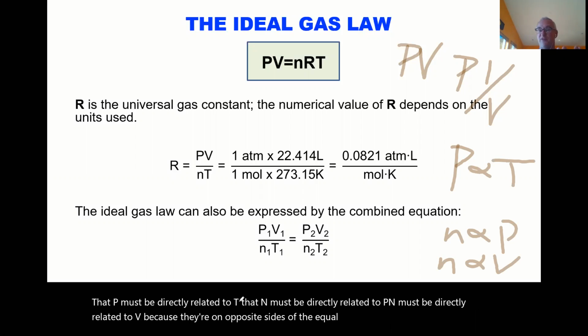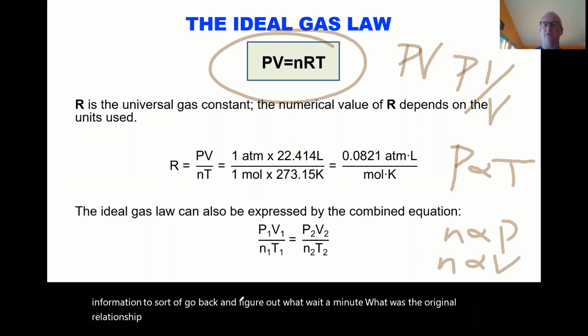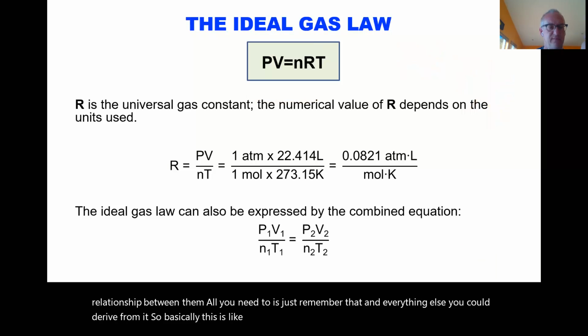And so we can use that information to go back and figure out, well, wait a minute, what was the original relationship between them? All you need to do is remember that, and everything else you can derive from it. So basically, this is like the magic formula.